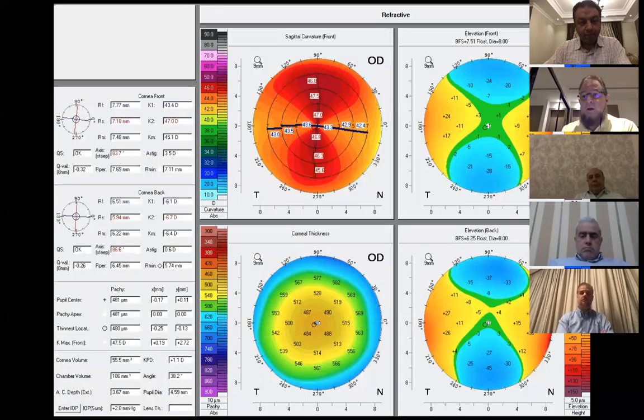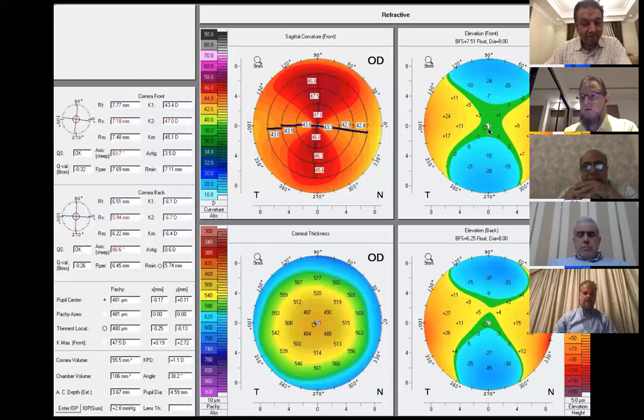Now this is the composite map in the right eye. Very quickly, the mean K is 45.1. The K max is 47.5. There is no inferior superior asymmetry, no skewed radial axis, and a very symmetric hourglass on the anterior and posterior elevation maps.